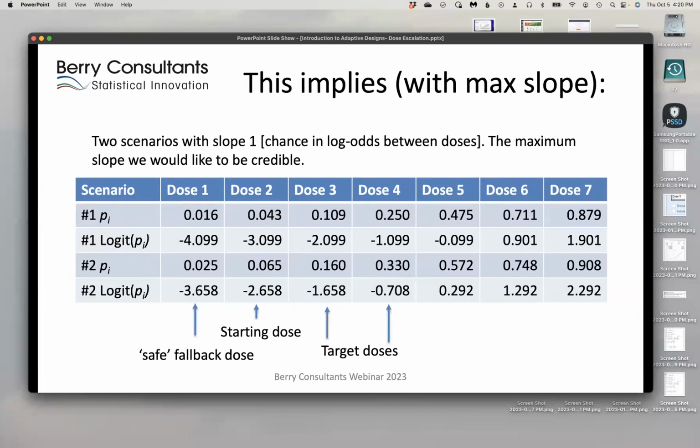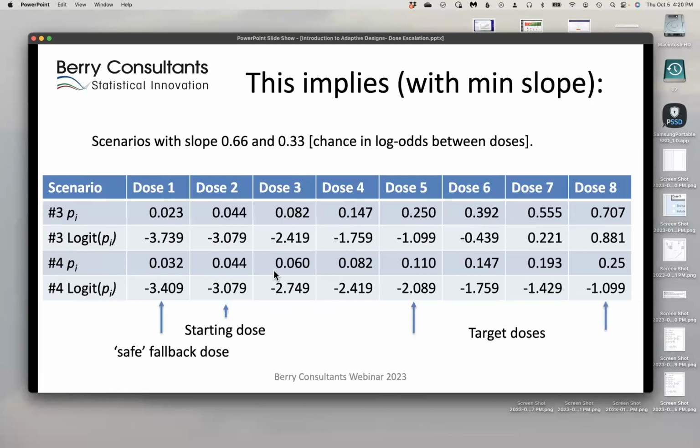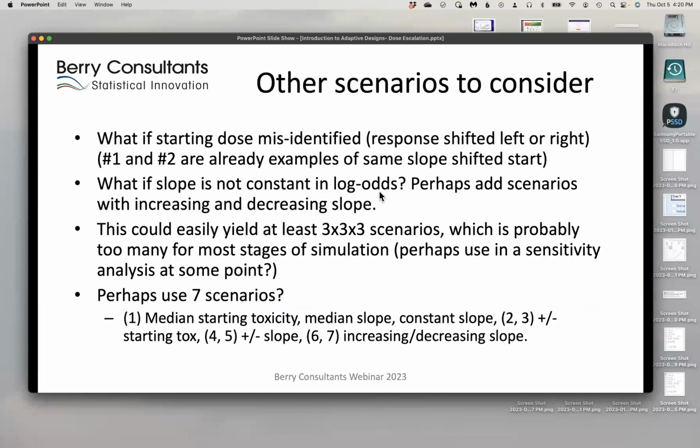We might have the difference we've looked at here, which of course is a difference in slope. And we've also assumed that the slope is constant, and of course that may not be the case. Maybe the PK/PD doesn't work out quite the way the team forecast, and the spacing of the doses leads to either a decrease in slope between doses or maybe an increase in slope between doses.